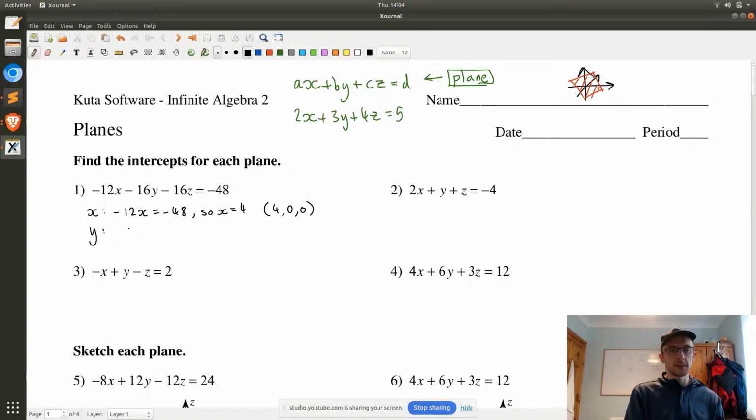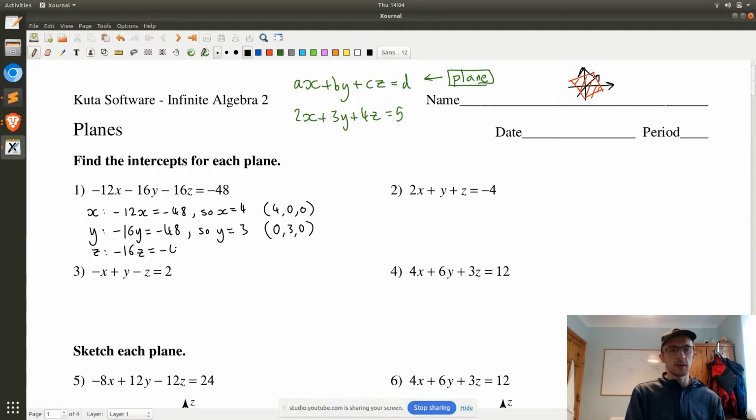And for the y, negative 16y equals negative 48. So y is equal to 3. So 0, 3, 0. And for the z-axis, same story.